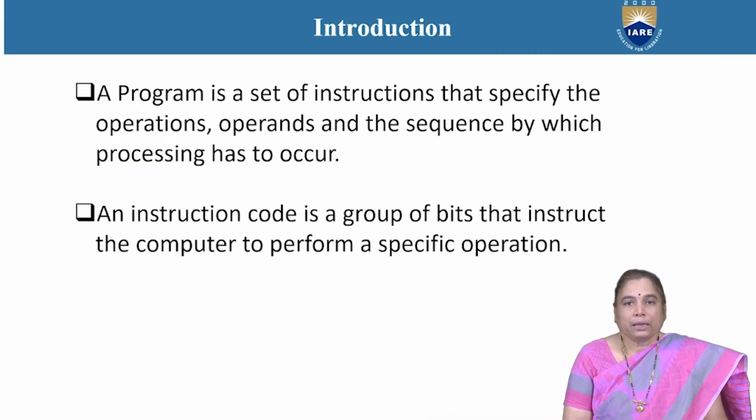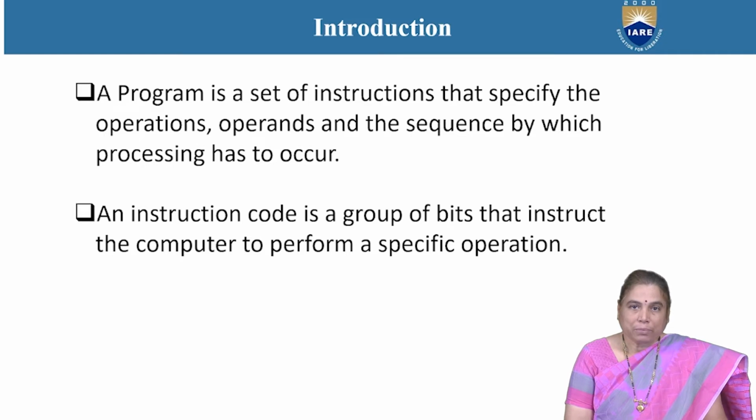The computer can perform any task based on the program or instruction supplied by the user. So, the instructions or the programs are the major input to derive information or a functionality from the computer.